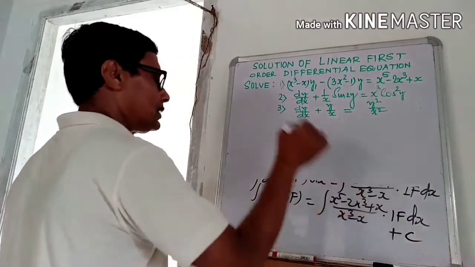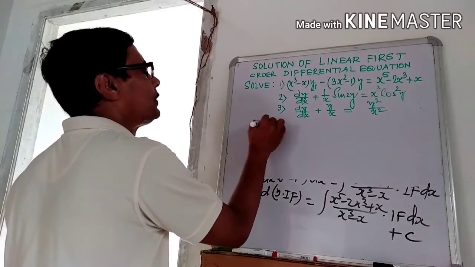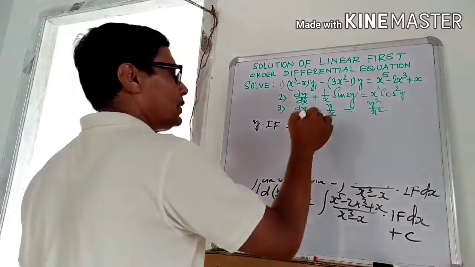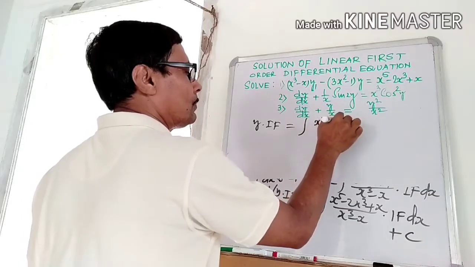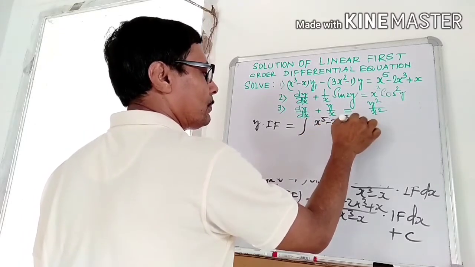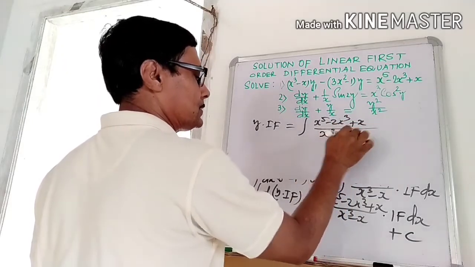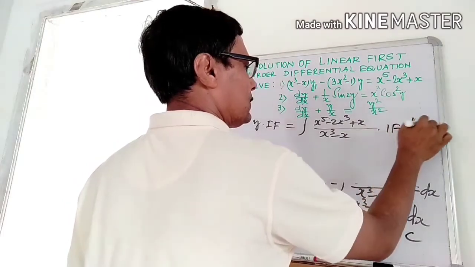So after integrating this, we get y times IF equal to the integral of (x⁵ minus 2x³ plus x)/(x³ minus x) times IF dx.